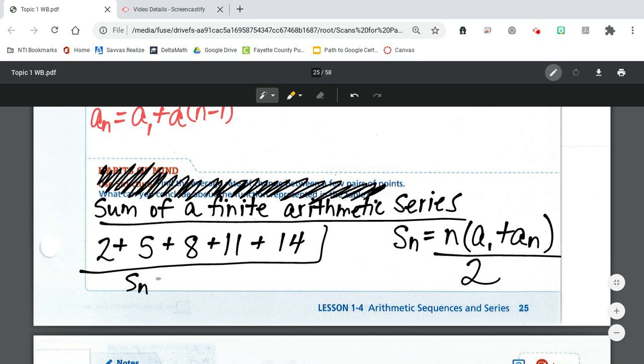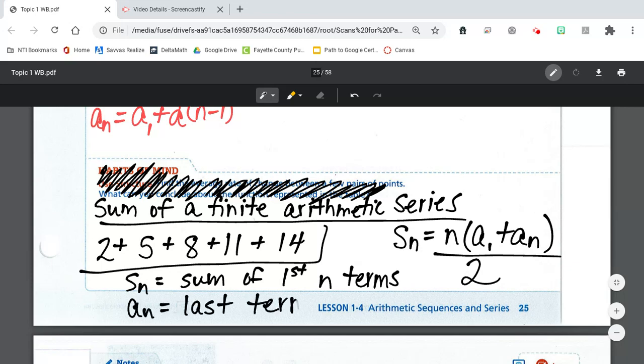S sub n means the sum of the first n terms. So you might want to add up the first 5 terms, the first 7 terms, the first 100 terms, it's however many terms you want to add up. A sub n in this case is going to stand for the last term. And a sub 1 is still the first term, and n is still the number of the term.